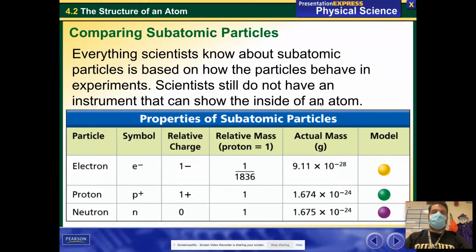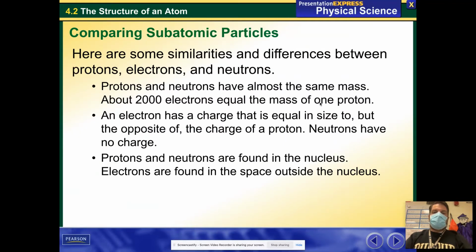A neutron is just N, no plus or minus, because it's a neutral charge. It has a charge of 0, and it's so close to the size of a proton that we don't worry about it. So it's a little bit bigger, just barely, okay? And in your textbook, it'll be purple. Protons and neutrons have almost the same mass.